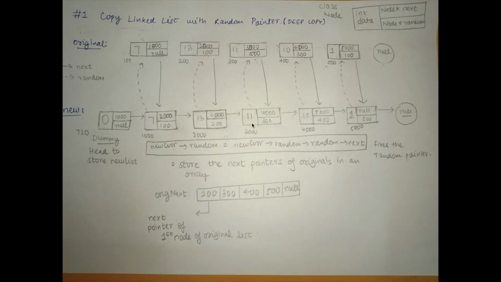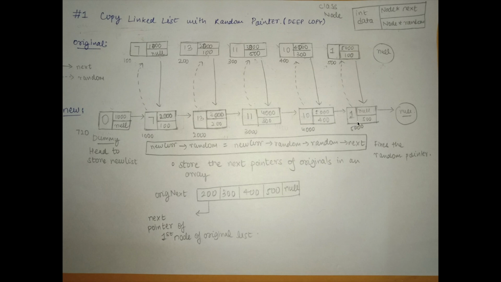Now let's take another example. Let's try to fix the random pointer of this node. We'll see where the corresponding node in the original list's random pointer is pointing to. It's pointing to 500, the last node of the original list. So here also we want this node to point to the last node, which has the data 1.